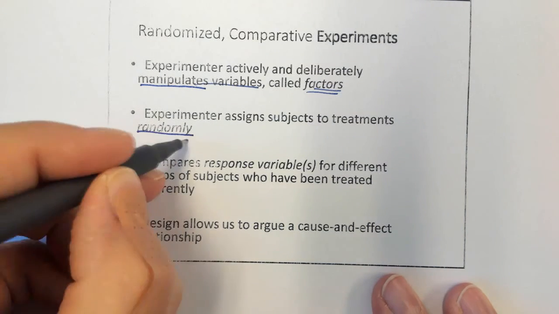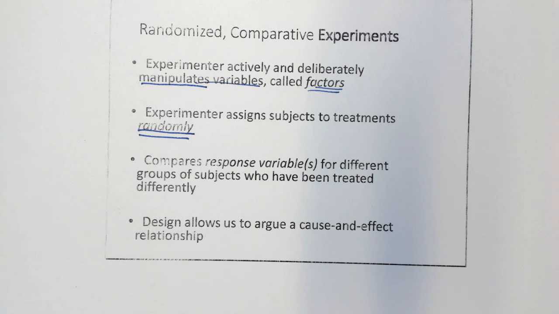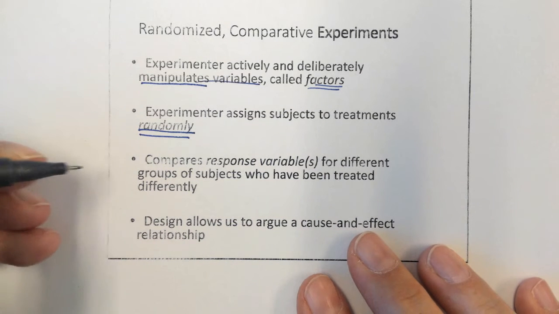If it's not randomly done, you might as well throw your experiment out the window. It was useless. You didn't learn anything, and you have to start all over. Randomization has to be in there. We'll talk more about why as we go deeper with experiments on other days.